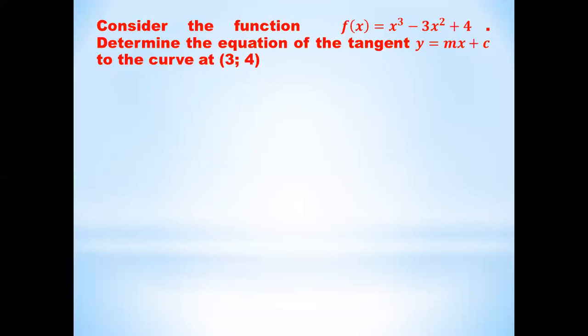I would personally have just said determine the equation of the tangent, so that you remember that y is equal to mx plus c is the format or the standard that we have to use. Well, (3, 4) here is a point. What type of point is that? It is the point at which the curve and the tangent meet, the point of contact, or contact point. Well, let's see how we work it out.